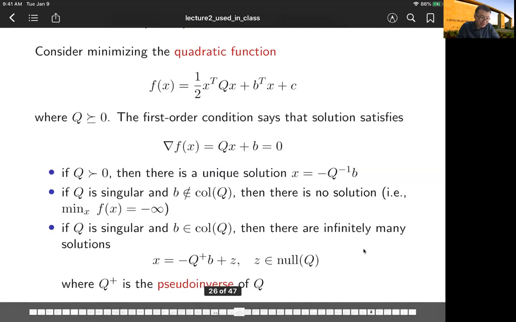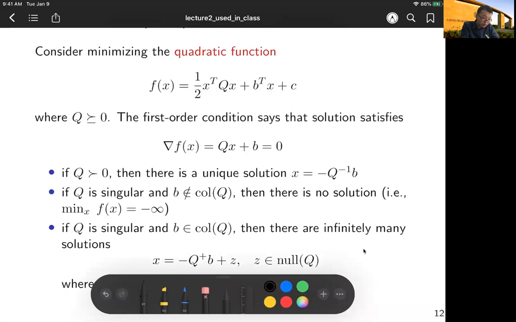So how do we see that? There could be some x in the null space of Q such that you can make it arbitrarily large, and when you make that arbitrarily large, this particular linear term will end up shrinking to minus infinity. That's why there's no solution.